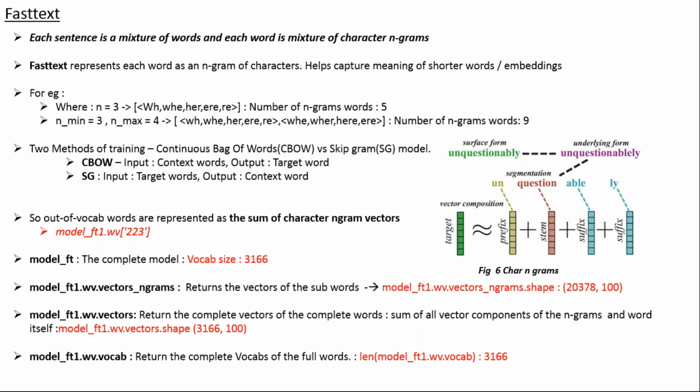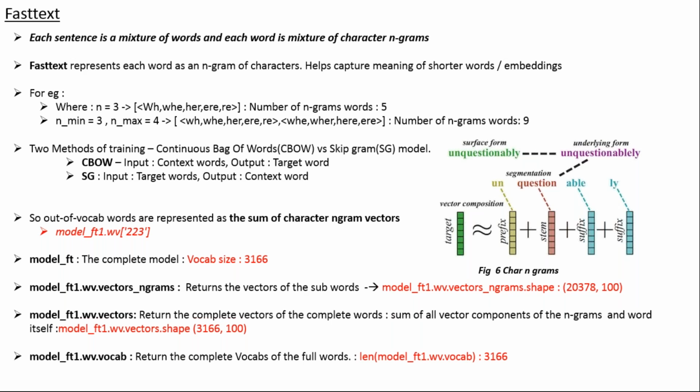You can look at figure 6, where instead of looking at words as a single unit, fastText looks into the word. Vivek, the next slide, please. FastText looks at a word as a set of subwords, each with its own meaning. Just to give you an example, let us say you have a word like unquestionably.